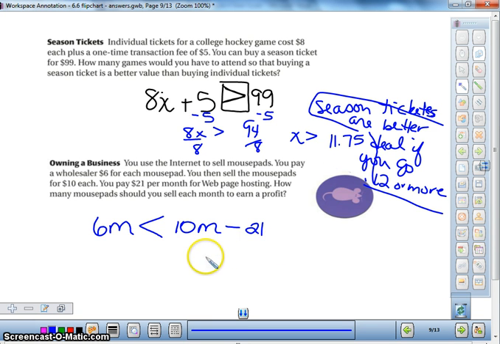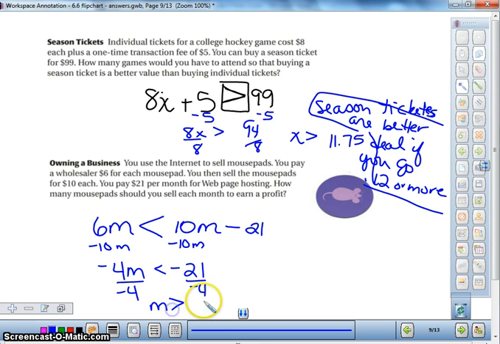Again, if I'm solving this, I want to get all my variables on one side. To get the variables on one side, I might subtract 10m from both sides. Now, the only thing is I have this negative coefficient. But remembering that when you divide by a negative number, you're going to switch the inequality. So m has to be greater than, and in this case, it comes out to a positive 5.25.